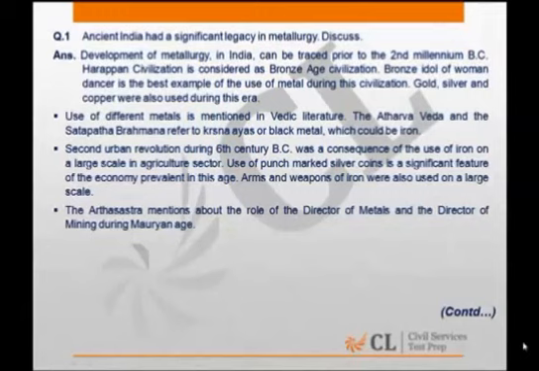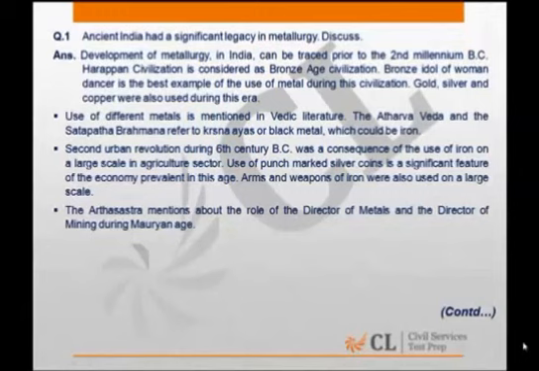Later it came to be known as the Bronze Age, Copper Age also. Now, the metallurgy advancement was in the field of tools, utensils and weapons, means arms. You all know the bronze statue of a female dancer is an important example of the techniques and technology of metal in ancient India.